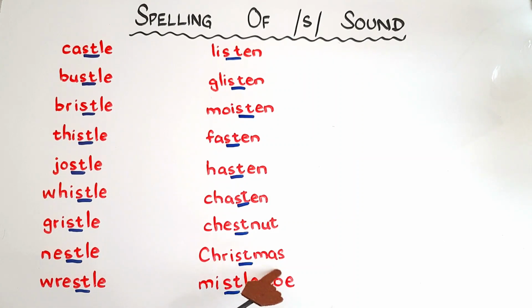Then we have another unusual word, but this is the name of a plant again, and we spell it mistletoe. Okay, ST is in the middle. But this is not a very common word. It is a parasitic plant that grows on apple trees and some other oak trees. So if you want to give this word, it's up to you. And if you want to just avoid it, no problem.